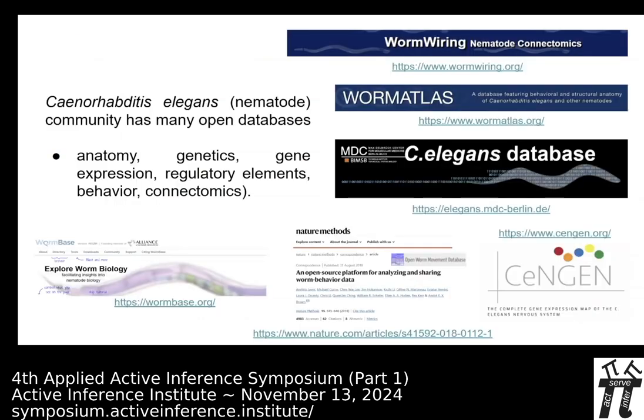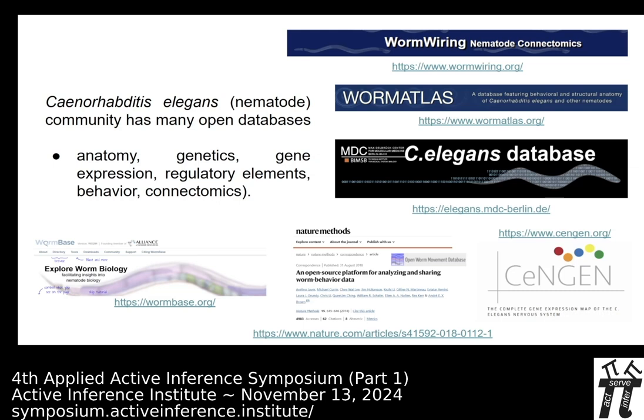Now, in the C. elegans community, and this involves my work with the OpenWorm Foundation, you're fortunate in that you have many open databases. The nematode C. elegans is often used in biomedical research, and there's some basic research on it as well. It's a tight-knit community where there are many open data sets, meaning people produce data, they share them with the community, and they have tools that are curating a lot of these data sets and papers.